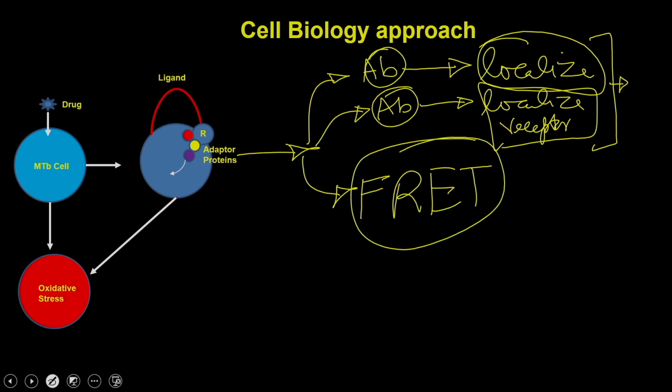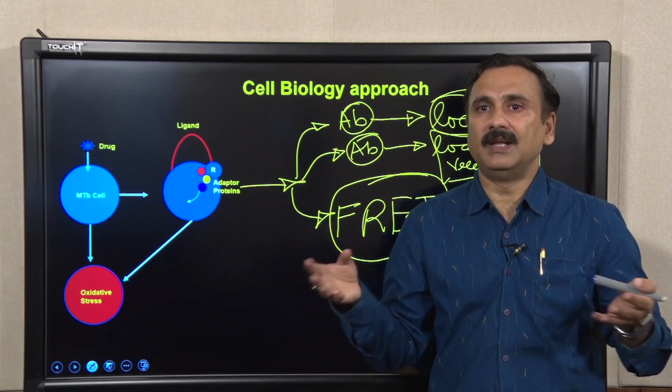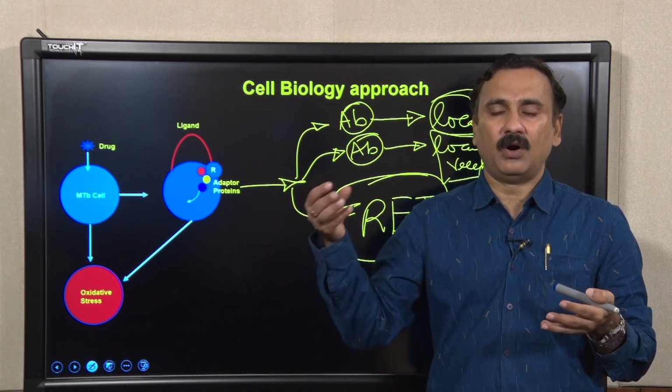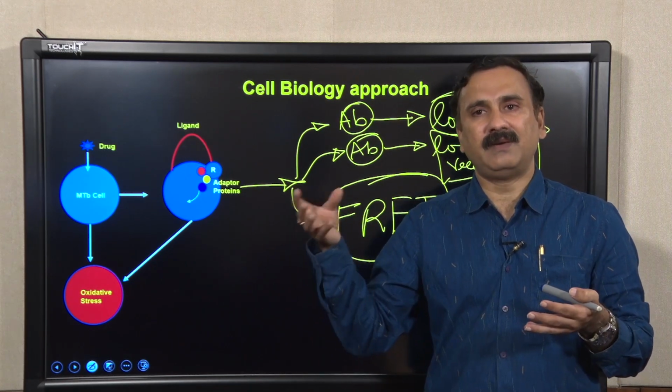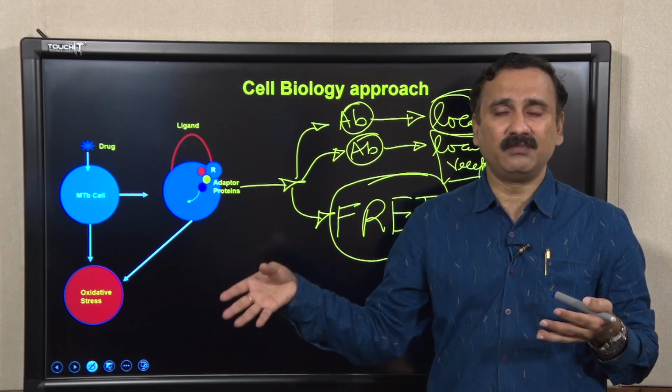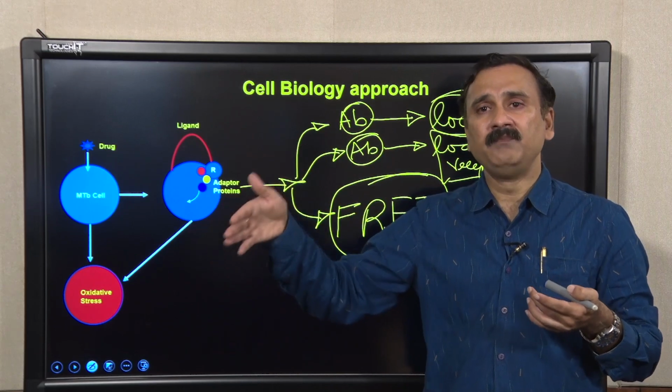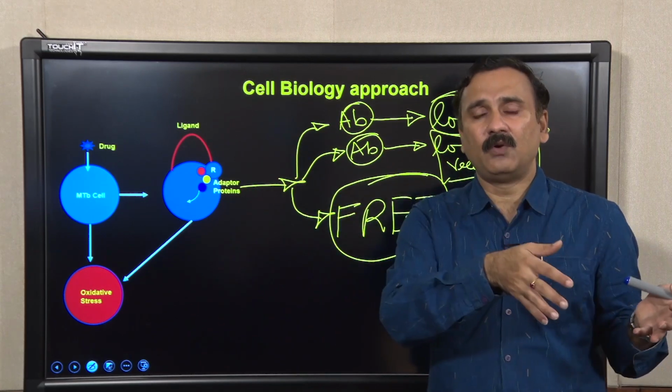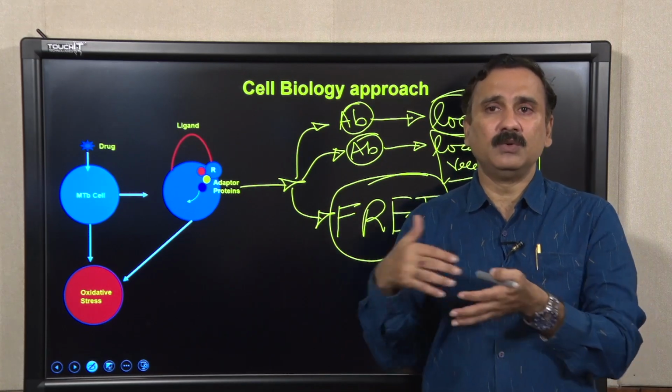The FRET experiment is going to tell you the interaction between different proteins present within the cell, and that information is more authentic and accurate compared to breaking open the cells and trying to purify the factors with affinity chromatography techniques, because that gives even non-specifically bound protein the opportunity to interact.